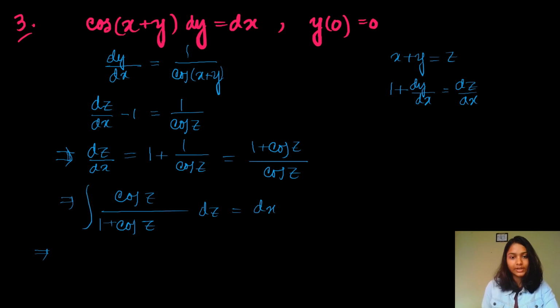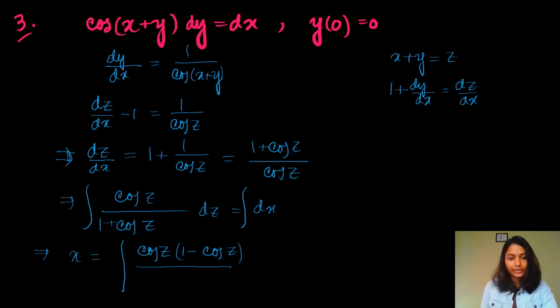So we can use the integration here and we will obtain integration dx means x, and this side we can do some tricks. So we can multiply the numerator and the denominator by 1 minus cos z.